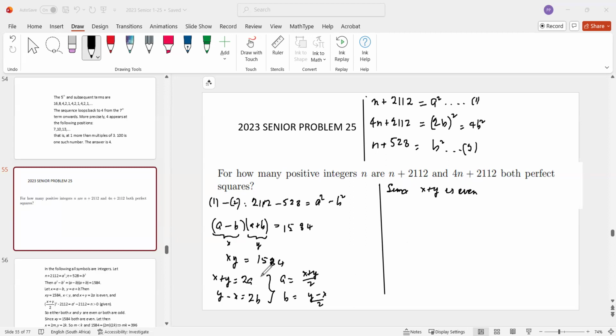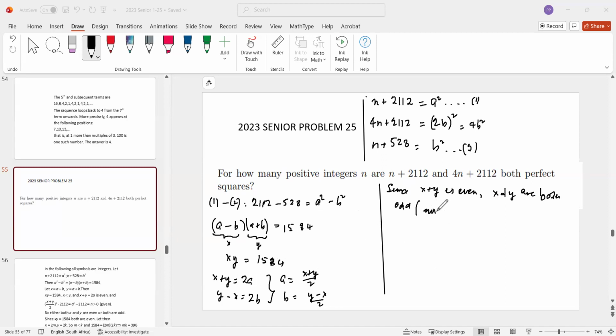It's 2a, you see? So that's even. The sum of two integers is even, provided that both are odd or both are even. x and y can't be both odd because the product of two odd numbers can't be 1584, right?